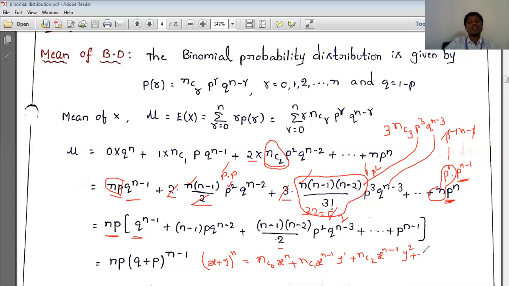In the same way, if we are taking ncn, x power n minus n y power n, right? So this is the formula we are writing for binomial.